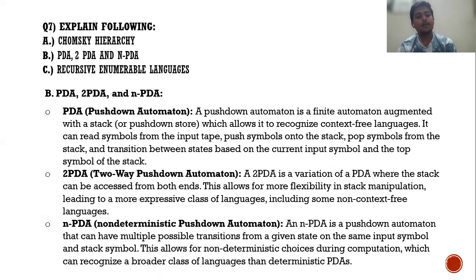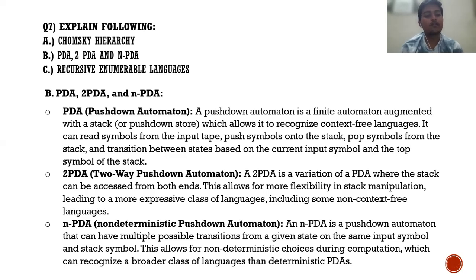Moving on to the next part, which is PDA, 2PDA, and NPDA. PDA stands for push-down automata. A push-down automaton is a finite automaton augmented with a stack, which allows it to recognize context-free languages.